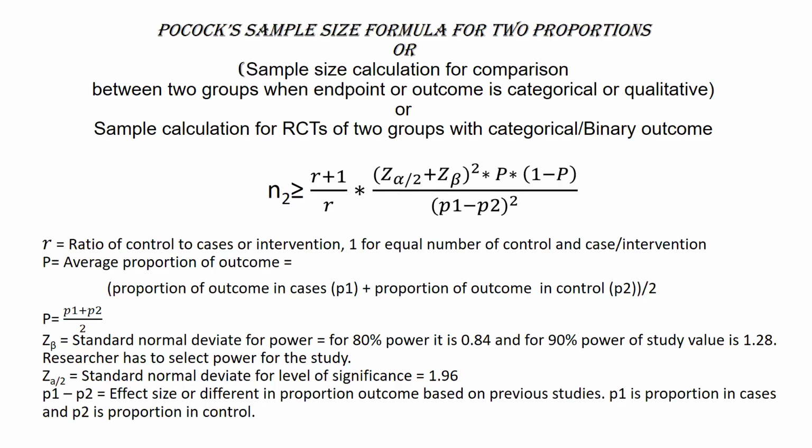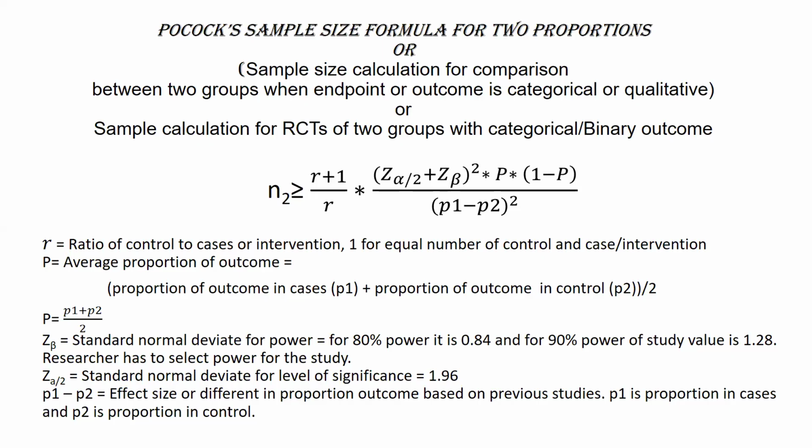Then this formula is R plus 1 divided by R, multiplied by Z alpha by 2, or 1 minus alpha by 2. Yesterday I told you we can write Z alpha by 2 or 1 minus alpha by 2, plus Z beta or 1 minus beta. Yesterday, in both formulas for one group mean or one group proportion, Z beta did not come.